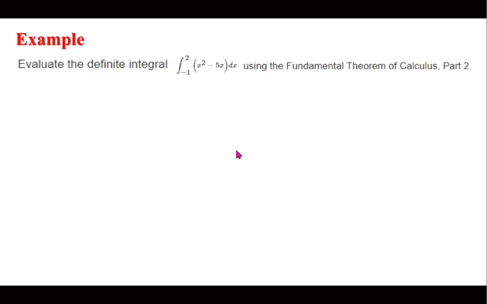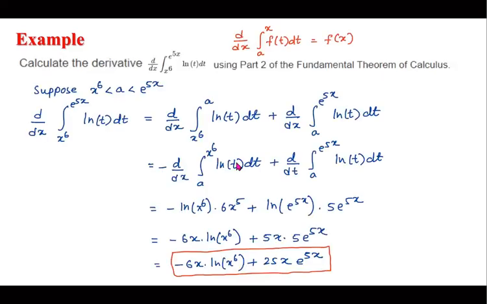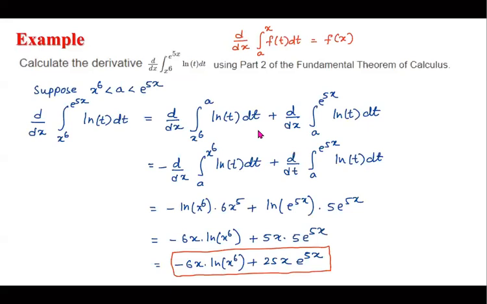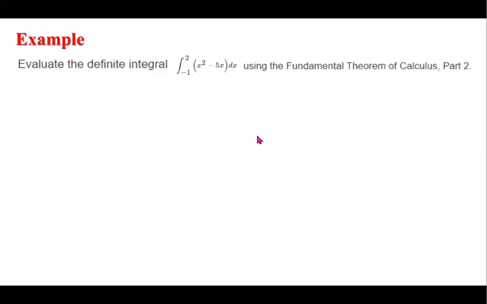So in this one, we use the first part of the fundamental theorem of calculus, right? Here we want to use the second part of the fundamental theorem of calculus and then evaluate that definite integral.